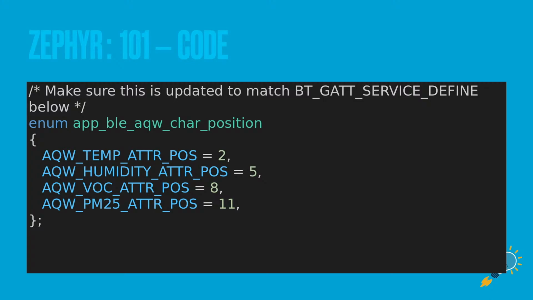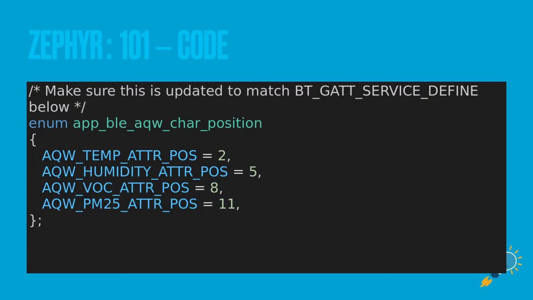So one thing that got me when I started dealing with Zephyr and setting up characteristics is, how do I figure out where to actually write the data? And one thing that you're going to run into is, in order to write that data, what that macro does is it essentially allocates all the memory necessary for the operation of those characteristics.